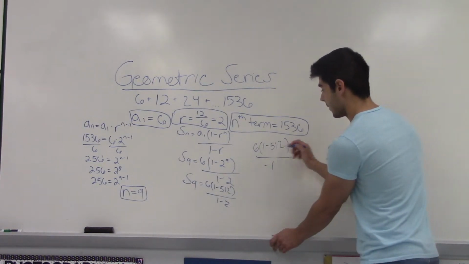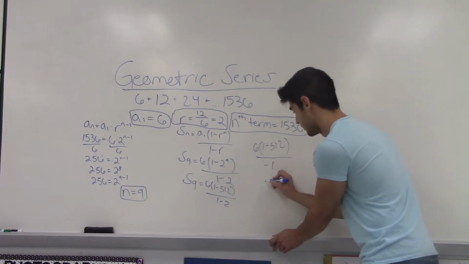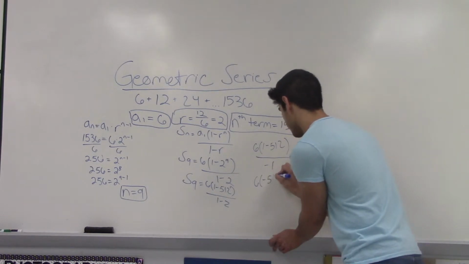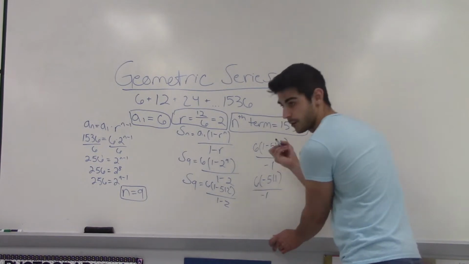All right, 1 minus 512 is equal to negative 511 all over negative 1.